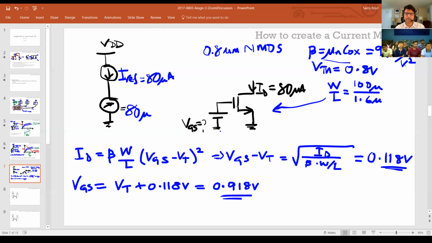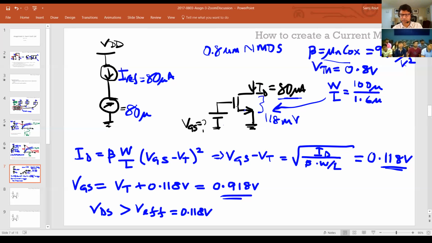So if I take this voltage and apply it, then I'll get a current of 80 microamps, provided this drain to source voltage, VDS, is greater than what? V effective, right? Which in our case is equal to 0.118 volts, 118 millivolts. So as long as I have 118 millivolts across this, then this transistor will generate 80 microamps of current.